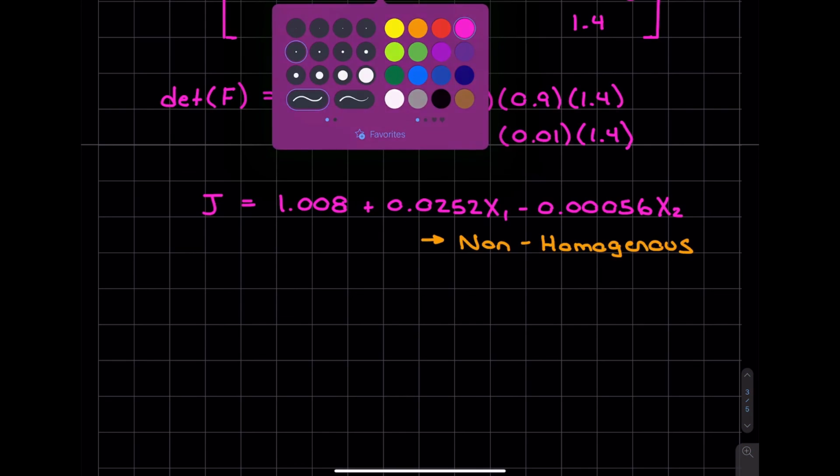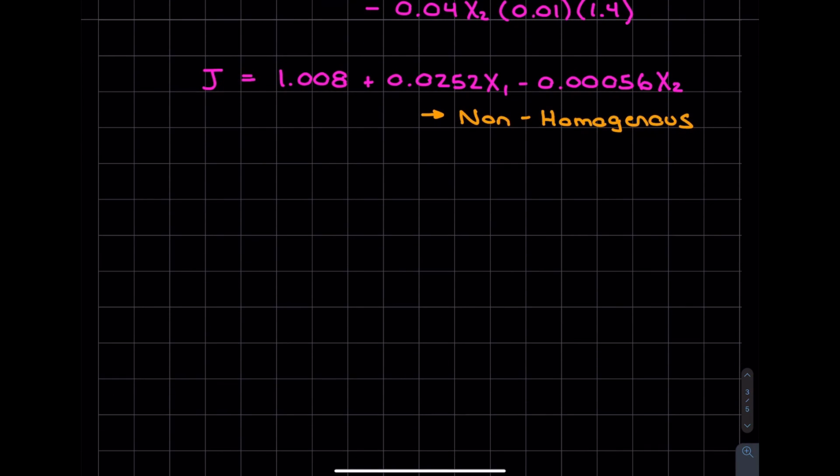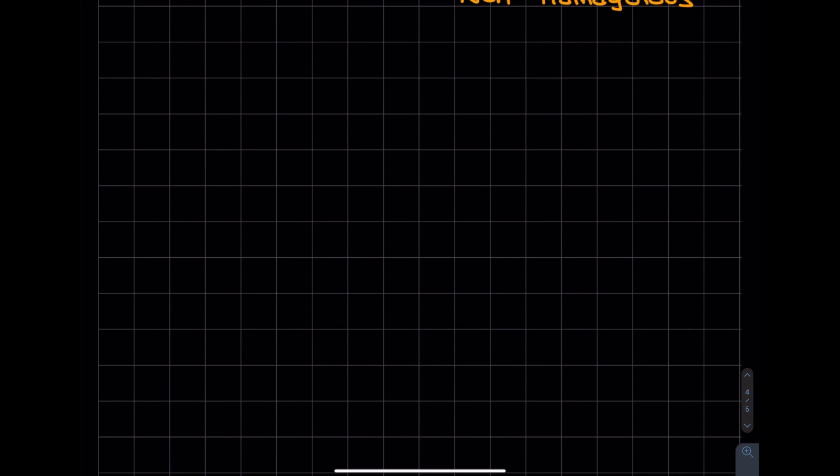So last part of this, and wow, this is really getting into a really long quiz, and I apologize for this, guys. It's just something that's very important to know. So nabla u is equal to F minus I. So again, all we're going to do is subtract 1 from all the diagonal components. So I'll just start my square brackets.